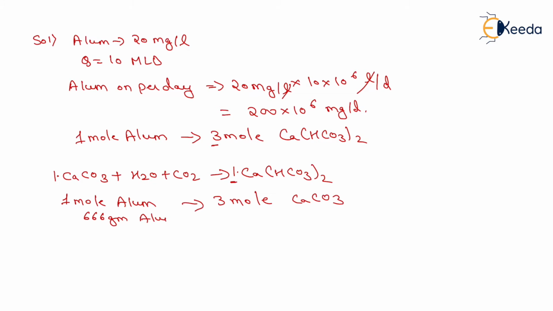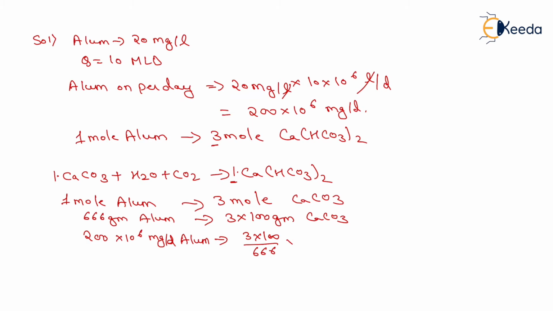Now 1 mole of alum generally weighs 666 gram. It will be equal to 3 into 100 gram of calcium carbonate. Now we need to calculate for 200 into 10 to the power 6 milligram per day of alum, for which the CaCO3 required will be 3 into 100 divided by 666 into 200 into 10 to the power 6 milligram per day CaCO3.